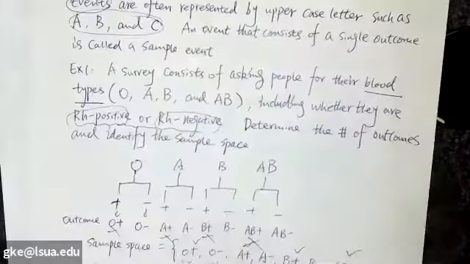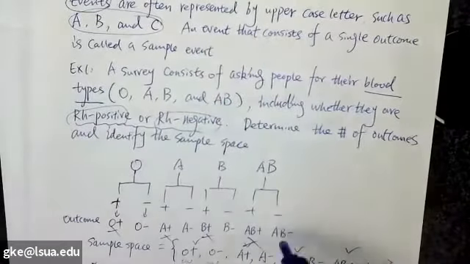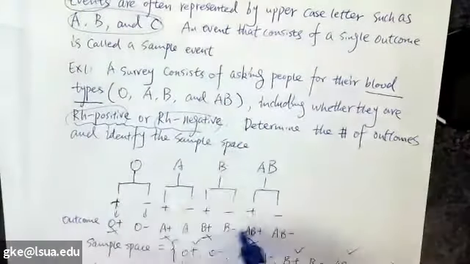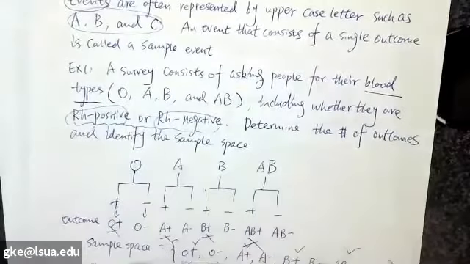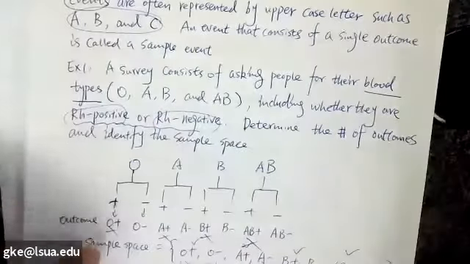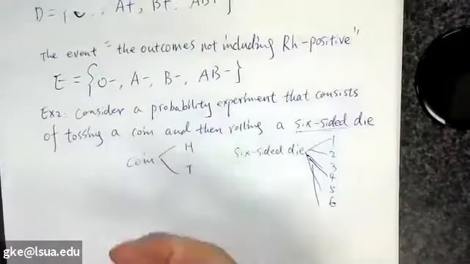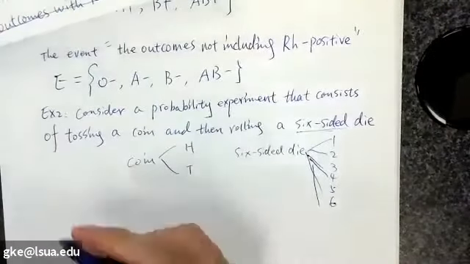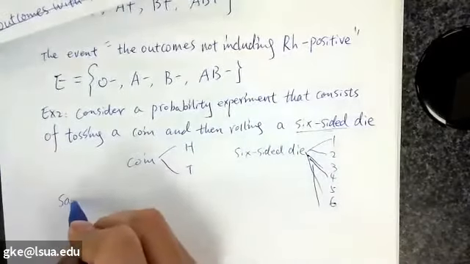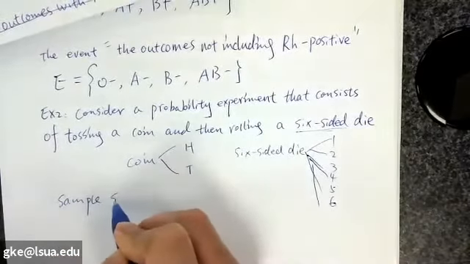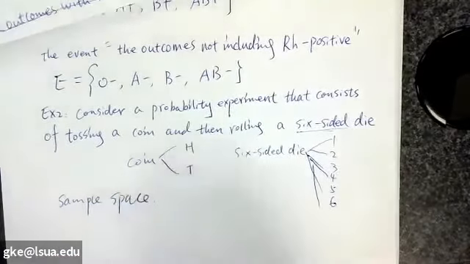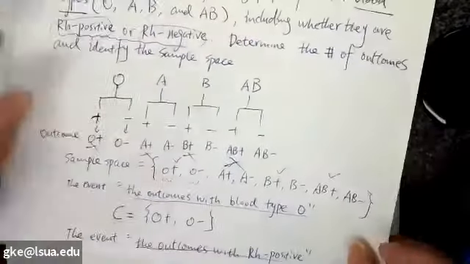So now I want you to draw a diagram like that. List all the possible sample space. The first thing I want you to find is the sample space. For this case, it's very similar.